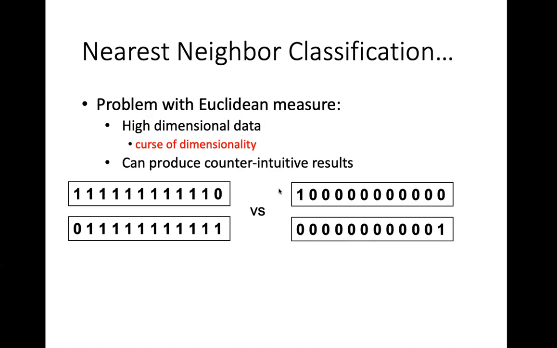Okay. Now here let me show you one very important concept in all this classification and supervised learning, which is called the curse of dimensionality. You can see it in red over here. This is a very interesting example wherein you can see two binary vectors.